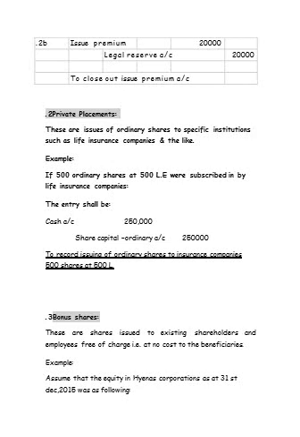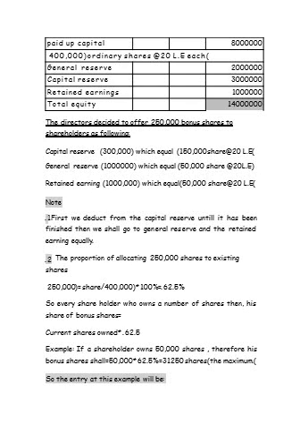Here you are assuming, as an example, that the equity in Hyenas Corporation as at 31st of December 2015 was as follows. You have paid up capital, 400,000 ordinary shares at £20 each. Then you have general reserve 2 million, capital reserve 3 million, and retained earnings 1 million.